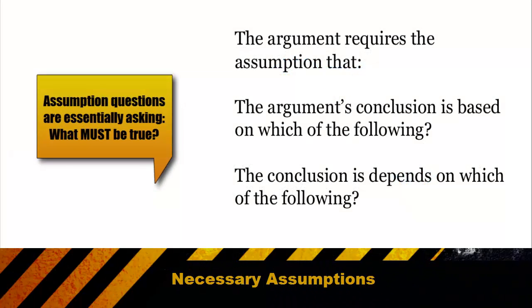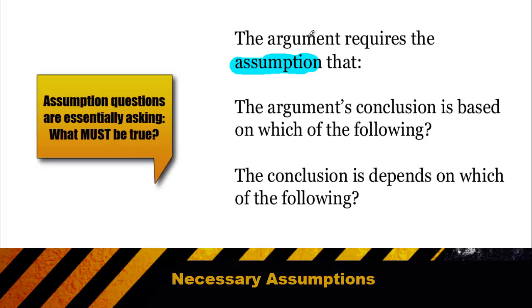Assumption questions ask you to identify what the author already assumes is true when he's making the argument. As you'll see in the assumptions video, the easiest way to approach these questions is to actually negate or reverse each answer choice and then decide which answer choice weakens the argument the most when it's negated. Obviously, the word assumption is going to be a key word to identify an assumption question.